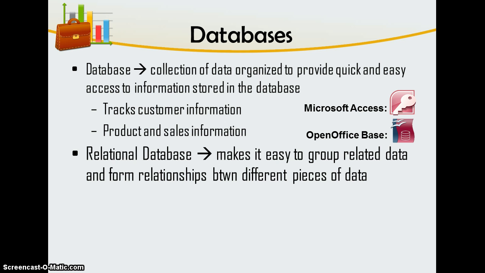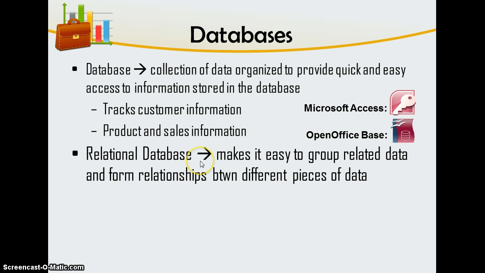So to start off with though, a database is a collection of data organized to provide quick and easy access to information stored within the database. A lot of businesses use this to track customer information, product and sales information. It's easy for them to look up maybe contact information for customers or SKU numbers for certain products that they're selling, or inventory for products, and so on.